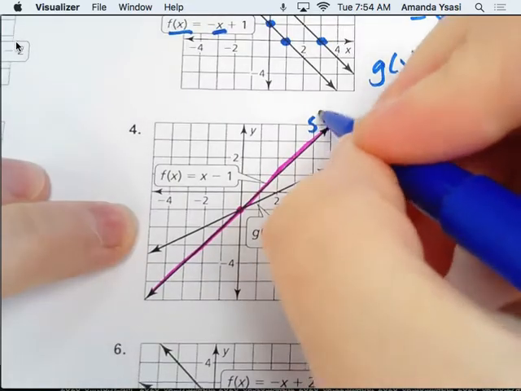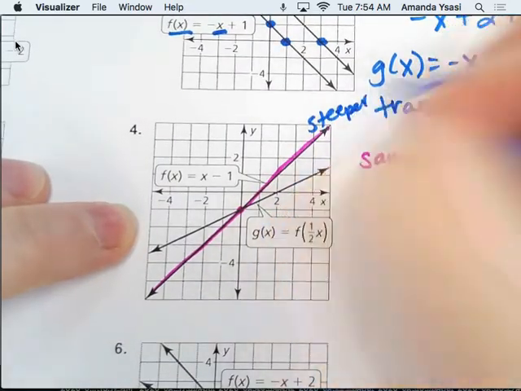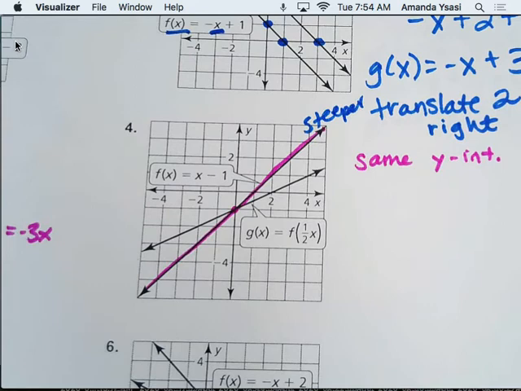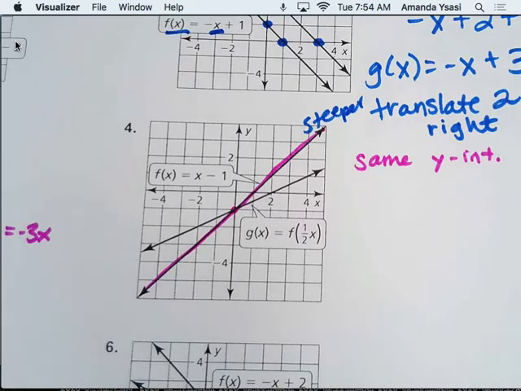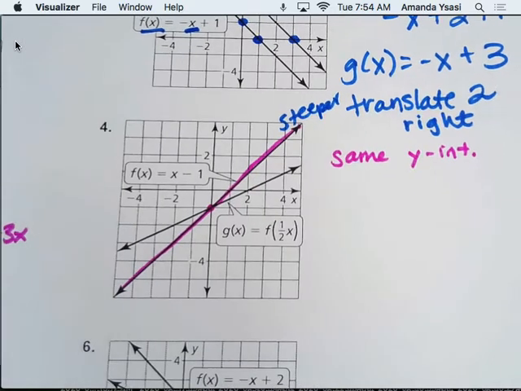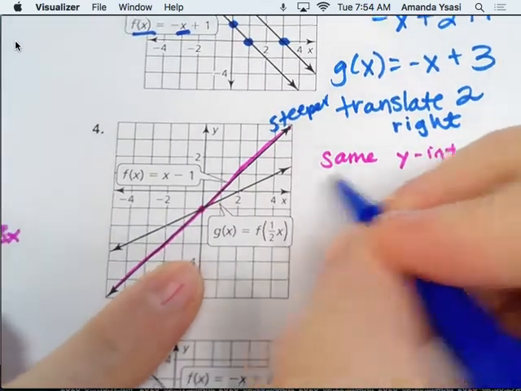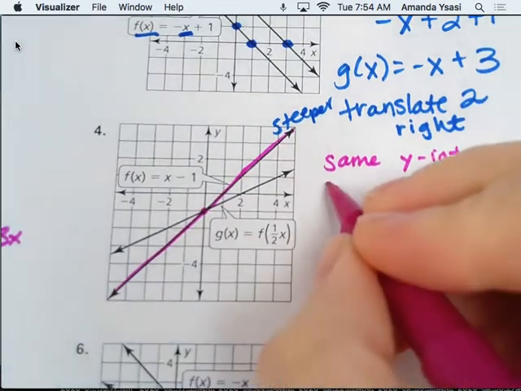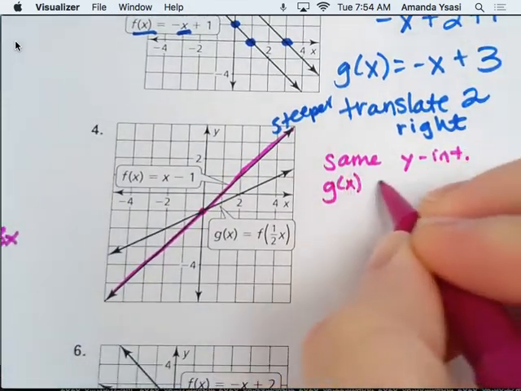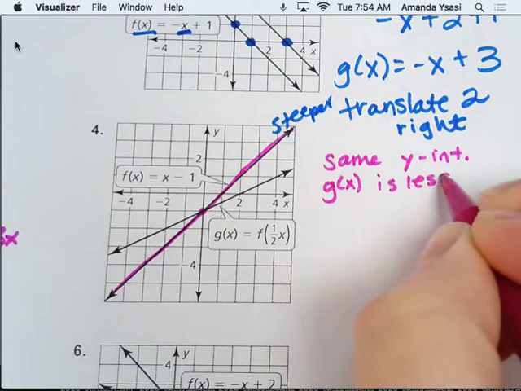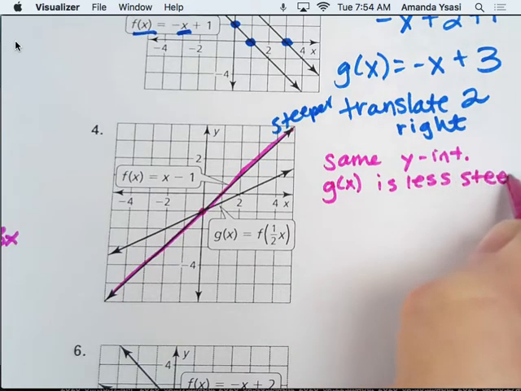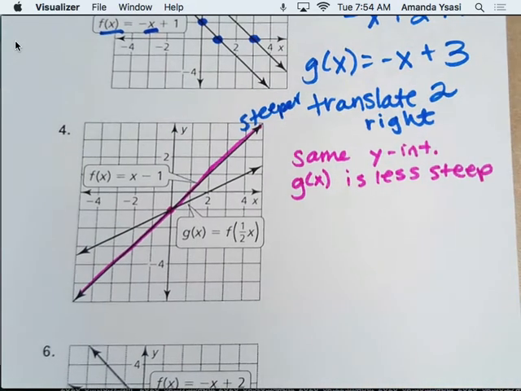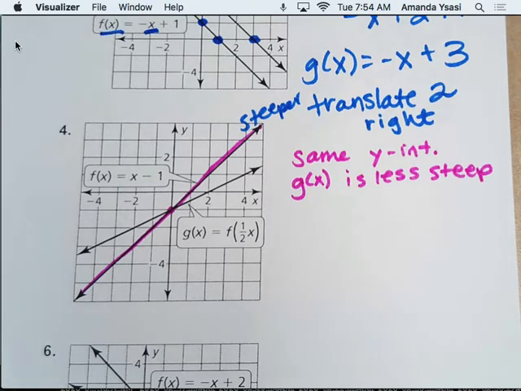So this is steeper. I'm going to write that out just so I can remember. And that's our original one. So then g of x would be less steep, right? So it's flatter. We could write g of x is flatter.